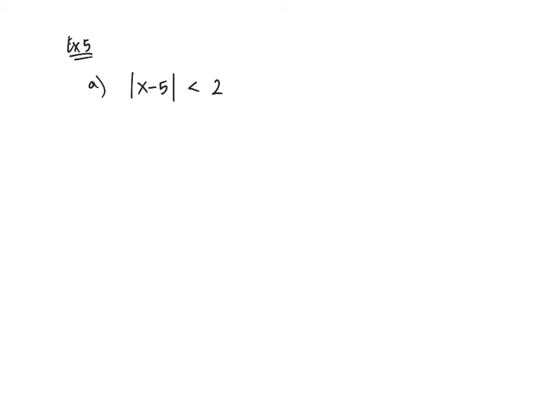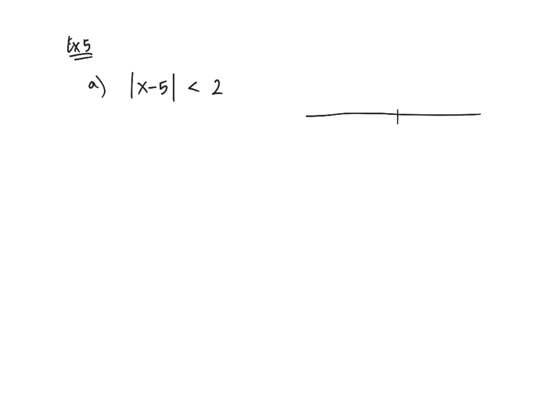If you think about a number line representation of this, in this case it's x minus 5 representing 0, and maybe it is actually helpful to think of it as 0.